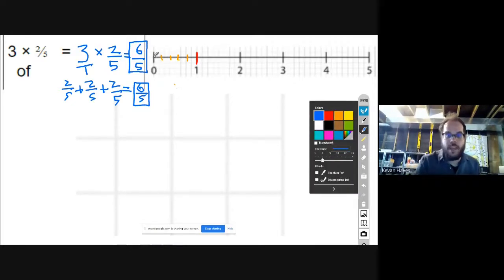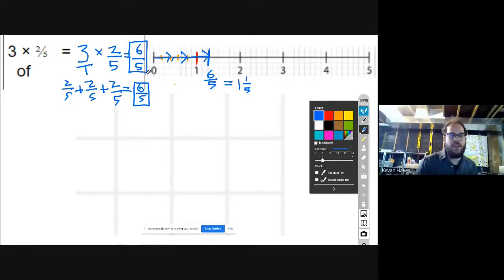One more time, here is 2/5 and another 2/5 and another 2/5, which is, well, that leaves us at 6/5, which you can hopefully see is just a little bigger than 1, right? And so we could write this as its mixed number, 1 and 1/5. It's just 1/5 past 1, okay? So there we go with the number line.